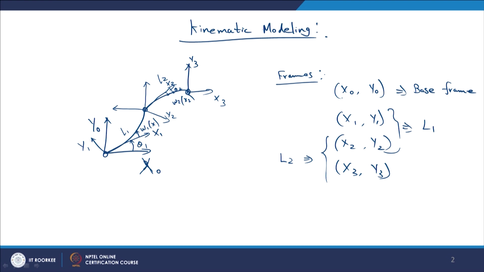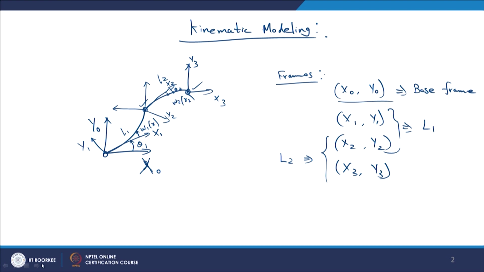So, I repeat, the base frame is x0, y0 and the frames associated to link L1 of the flexible manipulator are x1, y1 and x2, y2, and the frames associated with flexible link L2 are x2, y2, this frame, and x3, y3, which is the end frame. So, each link has the base frame, that is a starting frame, and the end frame attached.